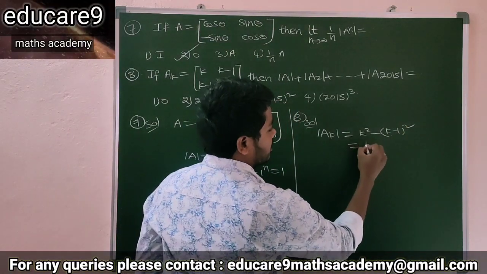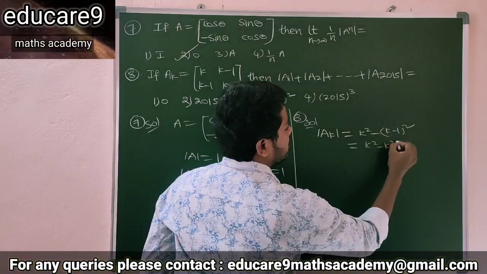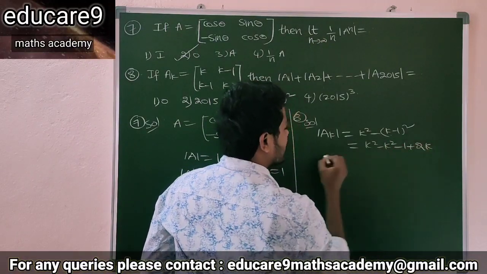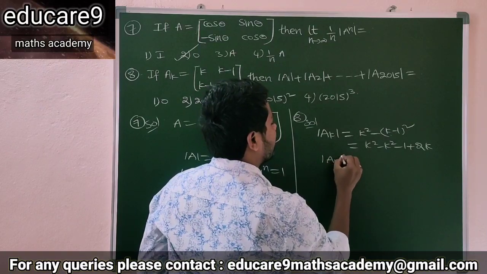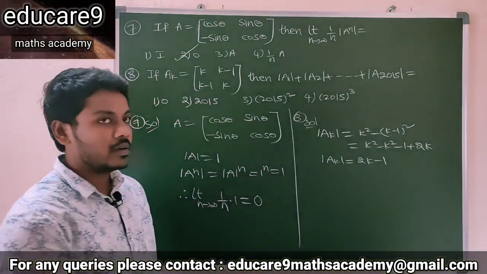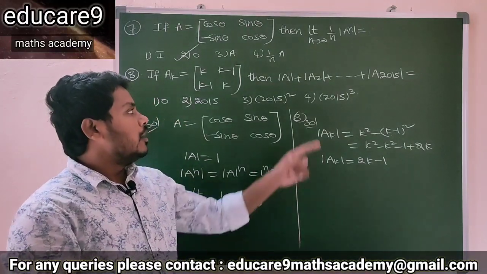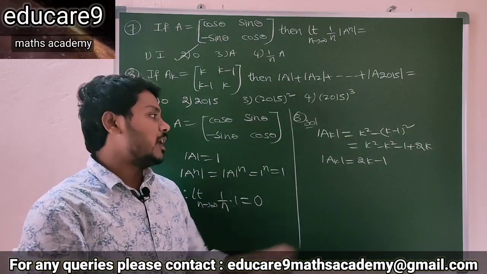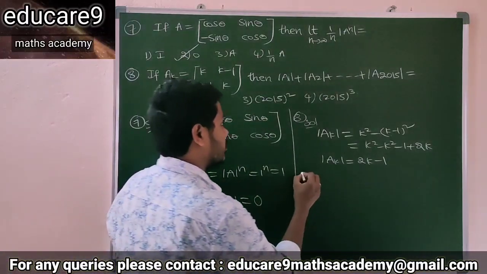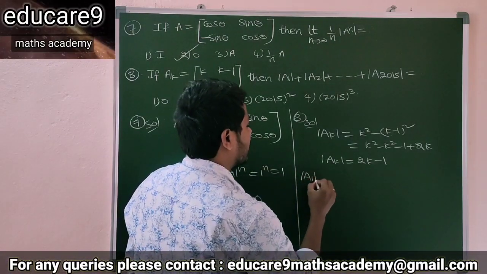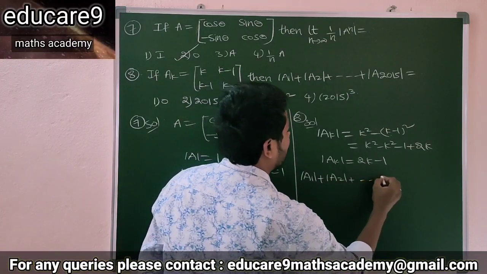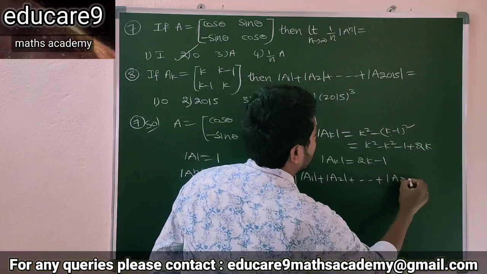So this is k square minus k square minus 1 plus 2k. So clearly the determinant of A_k is 2k minus 1. If you substitute k equals 1, you get determinant of A1.